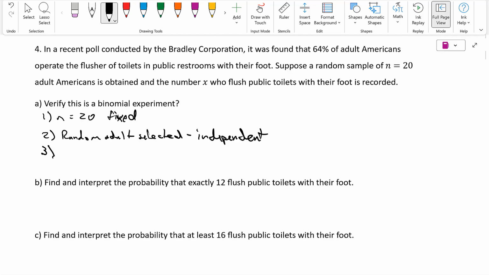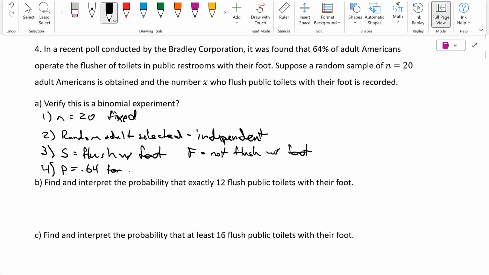For 3, we have our success. That would be flush with foot. Or our failure would be not flush with foot. And for the 4th one, our probability remains the same. So our probability of success, we could go little p there, is 0.64 for each person.